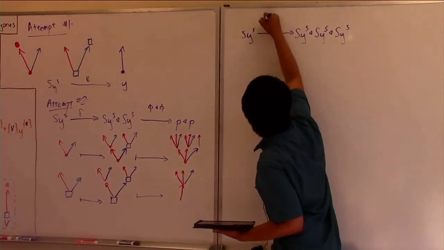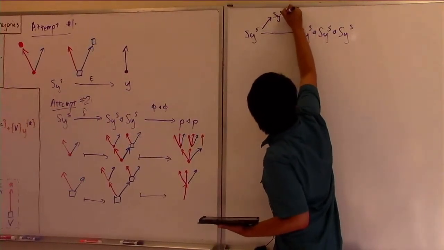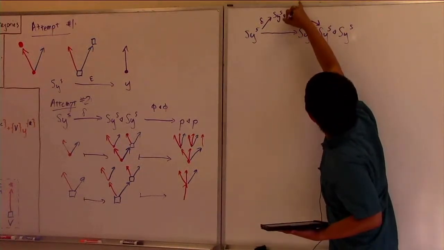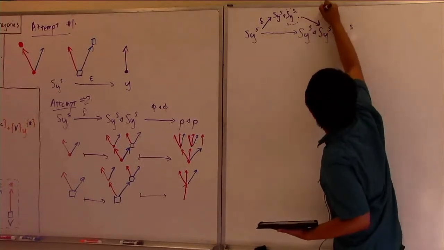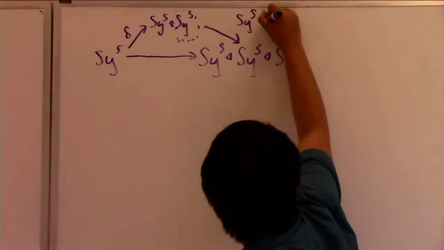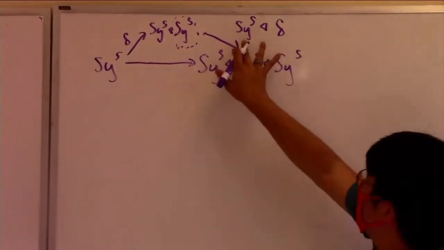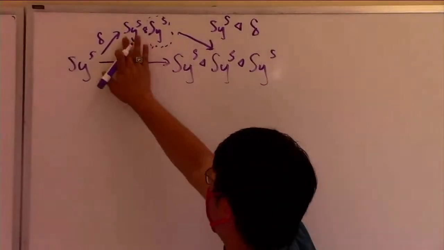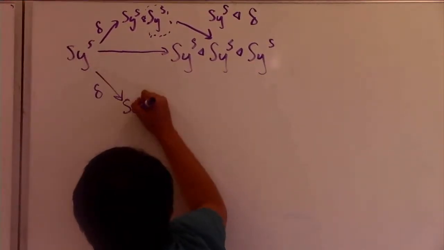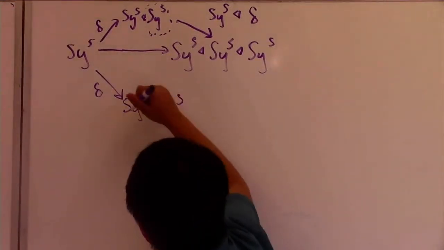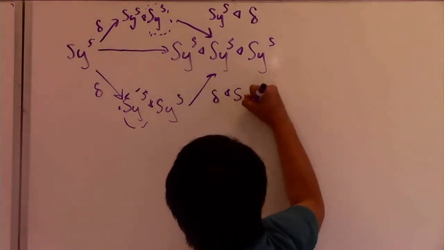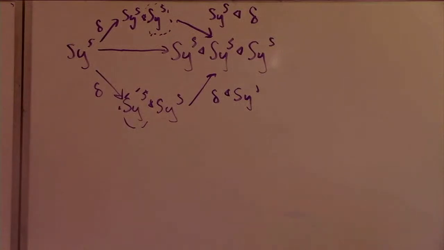You could either go to sy to the s composed with sy to the s with delta, and then split up this second thing again. So this is really sy to the s composed with delta. Here I'm just using sy to the s to mean the identity arrow from sy to the s to sy to the s. Or we split it once and then split the second thing here. And we want those two ways of splitting this to be the same.